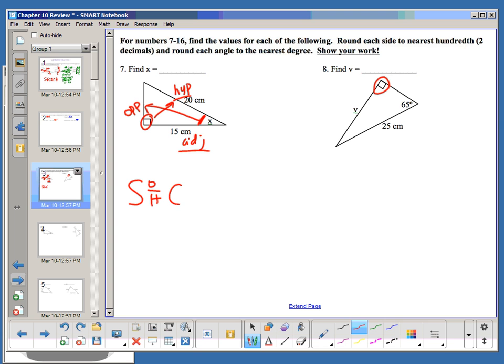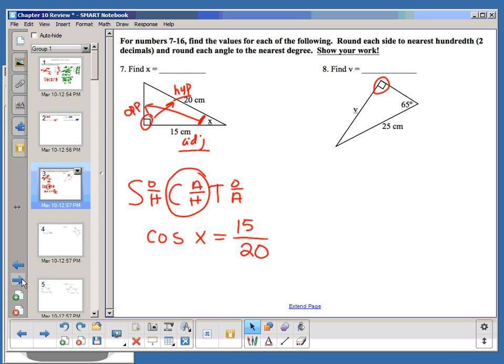So when I look at SOHCAHTOA, I'm looking at cosine. So what I'm going to set up is cosine of X equals the adjacent, which is 15, over the hypotenuse, which is 20. And many of you may think, oh, I need to cross multiply. Well, I'm already to cosine of X alone, and I need to solve that somehow. Well, here's my variable. It's in the cosine, so how do I undo cosine?